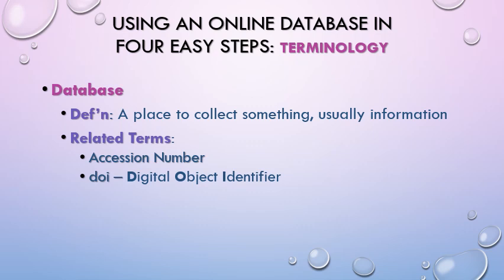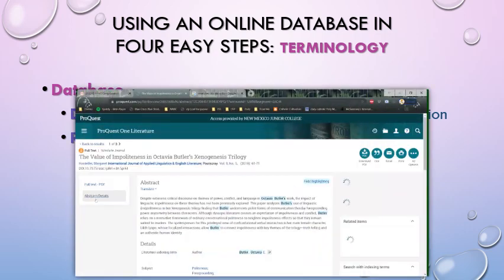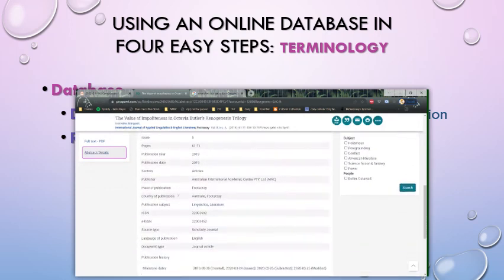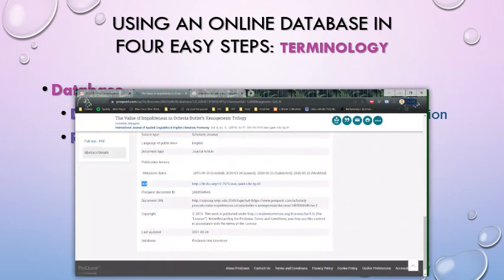DOI is similar to accession number because they both just mean the place where I found things. So when you go into a different kind of database citation, when you go into the details, it will show you all of the information you need for your end-text citation. And there you go, there's a DOI.